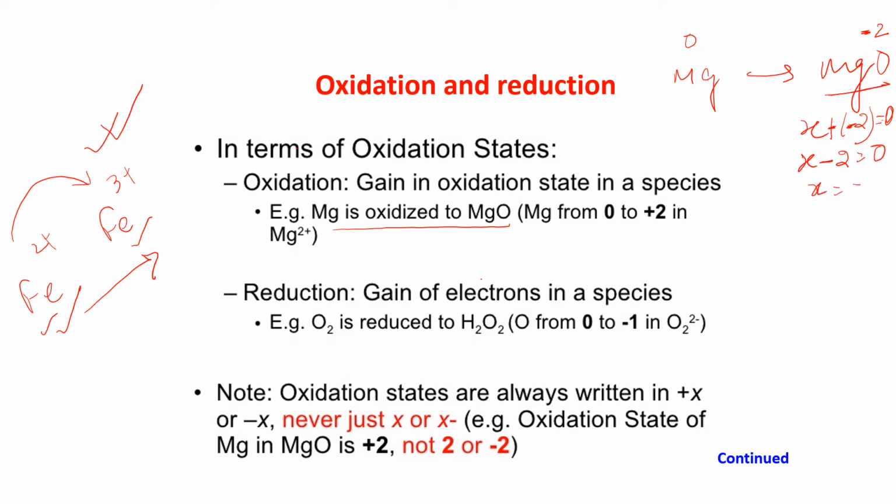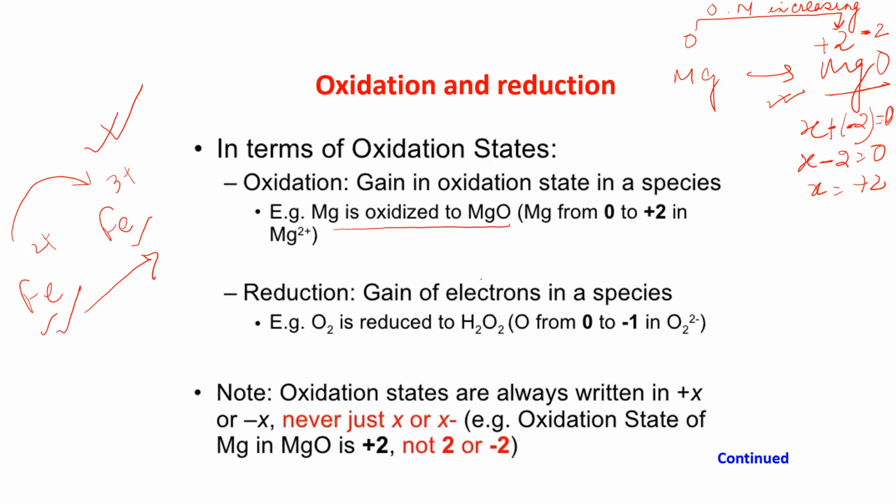So X - 2 = 0, so X = +2. So I'll write here +2. Just see that magnesium is changing from 0 to +2. That means oxidation number is increasing, so it is oxidation. You will get a clear idea about it in the following slides. Don't worry about it.